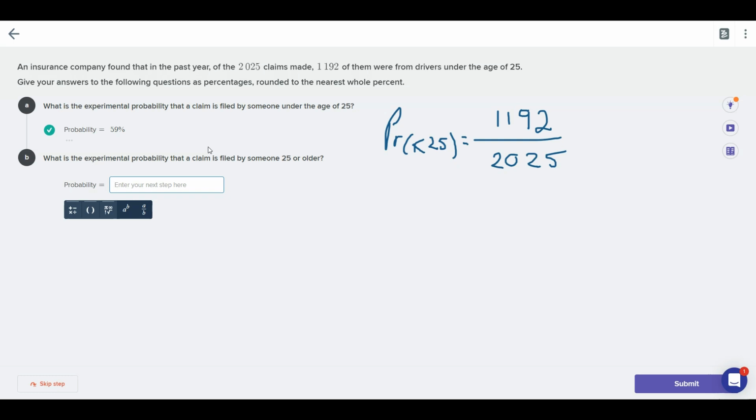So everyone else is 25 or older then. So we should be able to expect our result here to be approximately 41%. Now, I'm not going to straight away put 41 in. And the reason for that is we just did some rounding to get to 59. But I'm pretty confident it's going to come out at 41%. But let's do the math properly first.